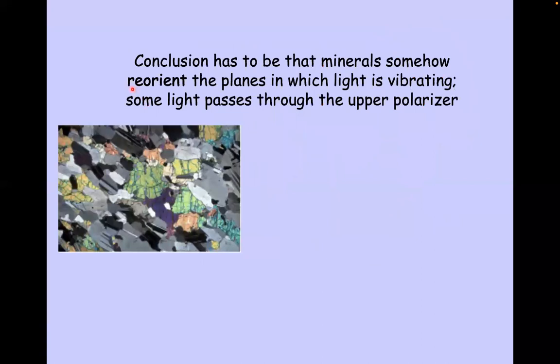Okay, this reorientation cannot happen for some minerals at all, but some minerals can reorient the light when you rotate the stage. That means when you change the mineral angle, rotating means you are changing the angle, its orientation. So that can allow some light to pass through in a different direction. So that is another feature, right?